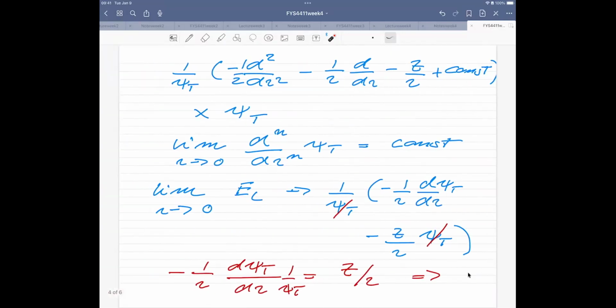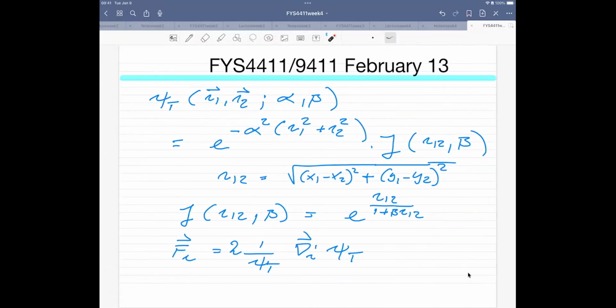So when we go back, the example we have in the lecture notes is one where we have modified this term a little bit, but it still satisfies the R12 goes to 0 condition. Having this in the local energy, the wave function which we plug into the local energy hinders a divergence when R12 goes to 0.